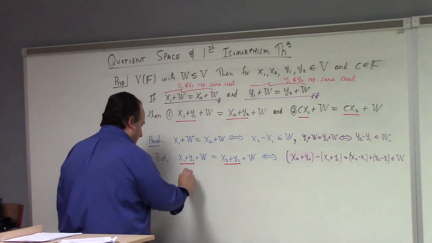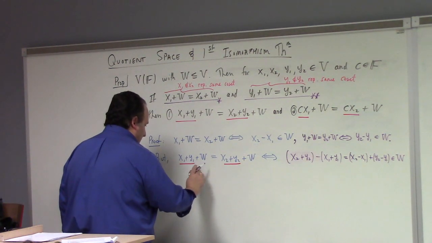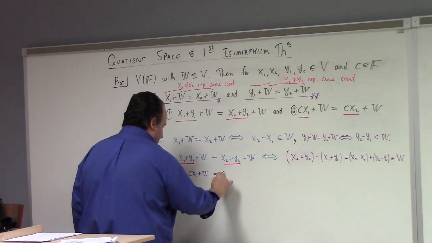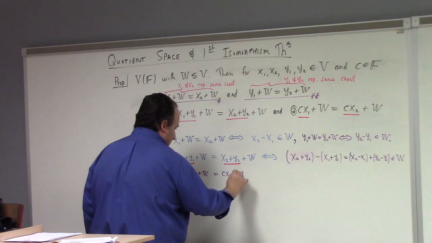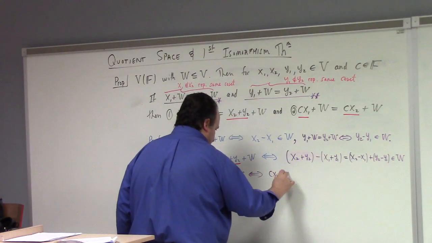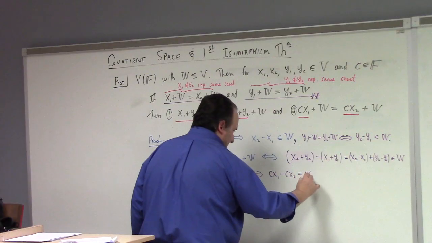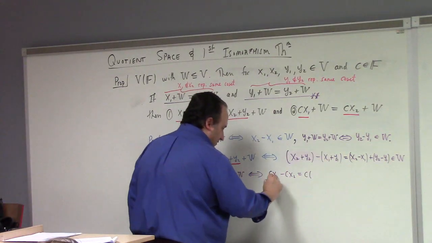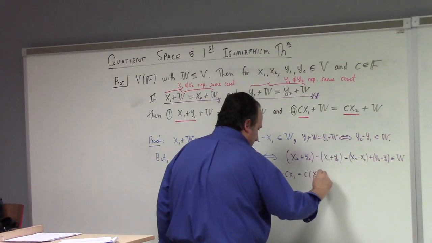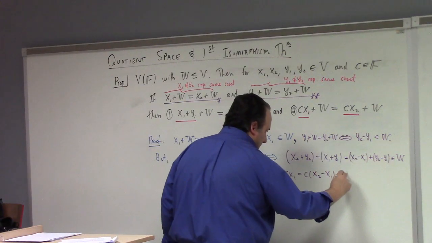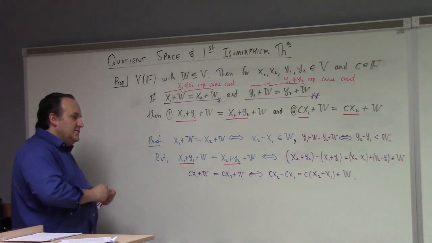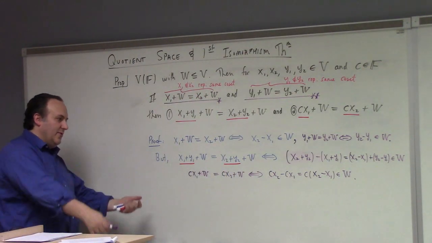And likewise, cx1 plus W is equal to cx2 plus W, right? If and only if what? cx2 minus cx1, which by the way is c times, good grief, I'm trying to do 2 minus 1 here. So c times x2 minus x1 is an element of W, right? But to conclude, what do we know?